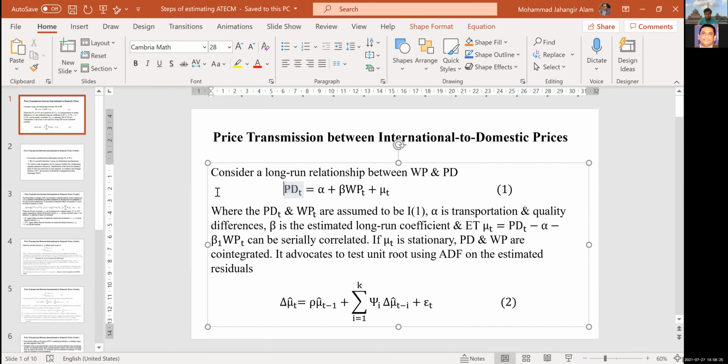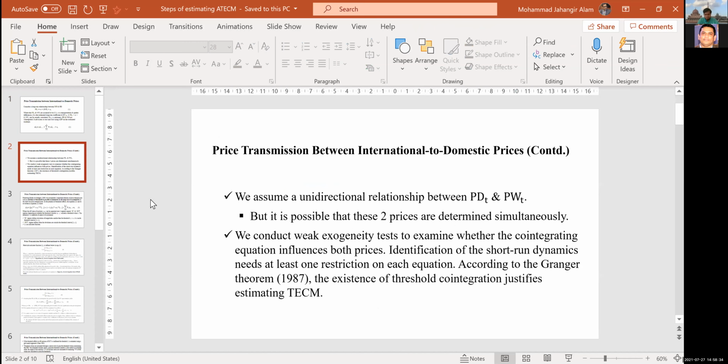But before that, we can consider two variables as endogenous and test using the Johansen method. We assume a unidirectional relationship between domestic price and world price, but it is possible that these two prices are determined simultaneously. When I go to the software, I can explain in more detail and you'll understand how it works.